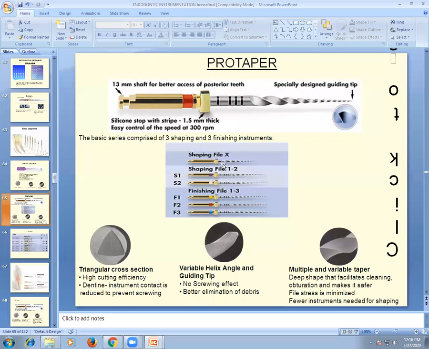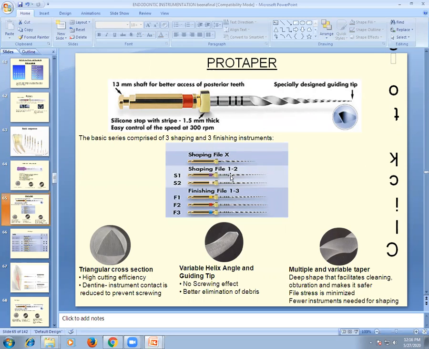First is the shaping file X. Then there are 2 files S1 and S2. First is the X, which is used for enlarging the orifices. Then the next two files are S1 and S2, which are used for shaping, and then comes the F1, F2, and F3. These three are finishing files.